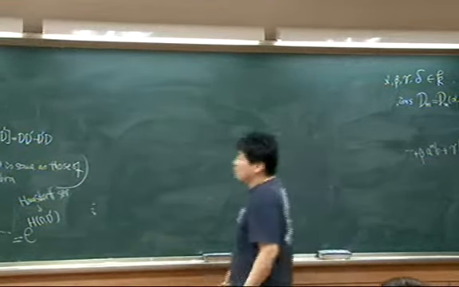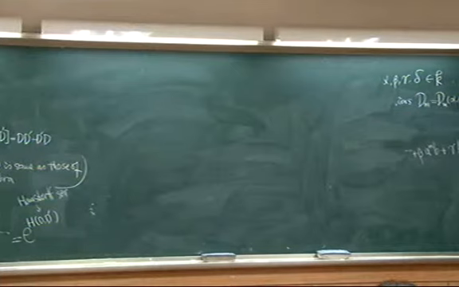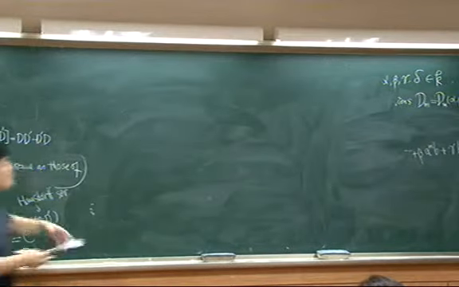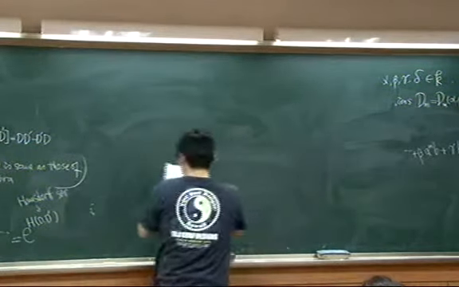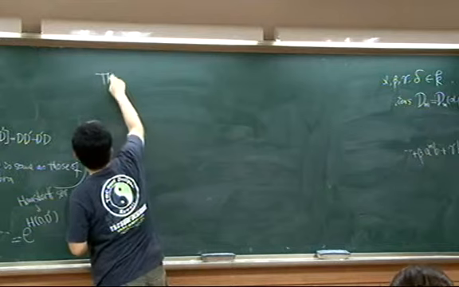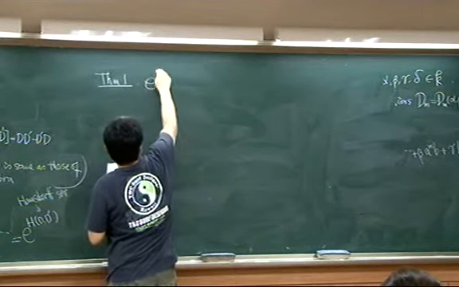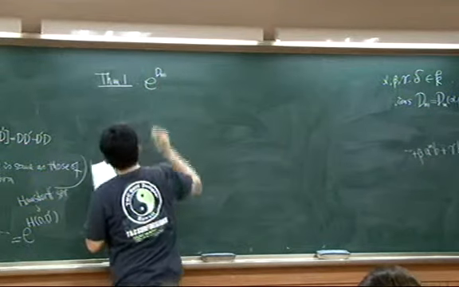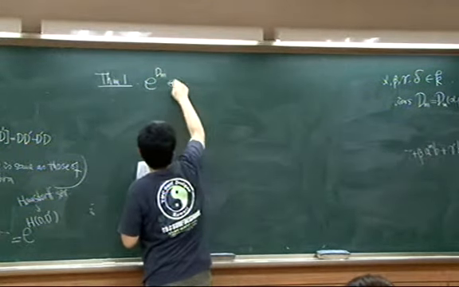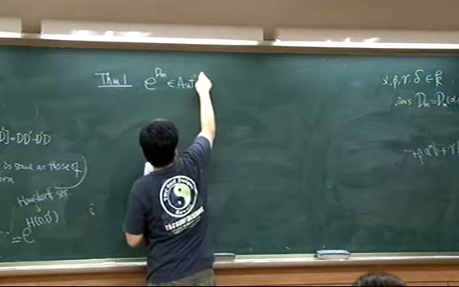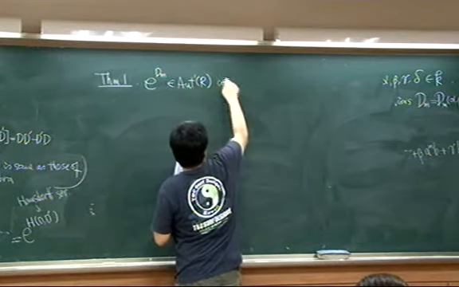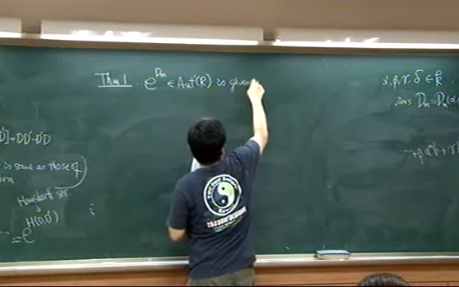Okay. So our first goal is an explicit description of the automorphism corresponding to this derivation dm. So the first theorem is that the exponential of dm, this is the automorphism, is given by the following.